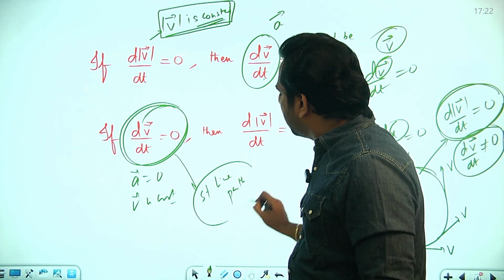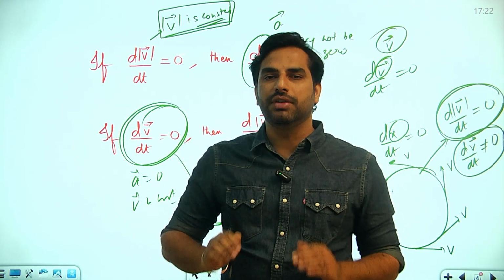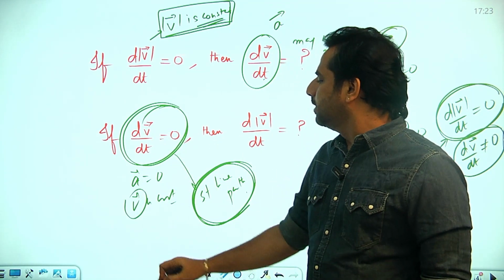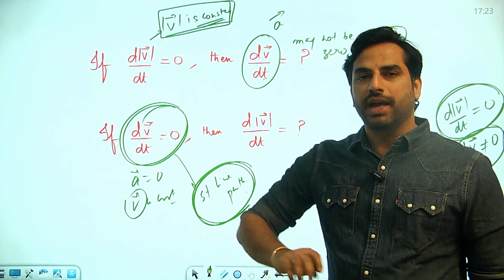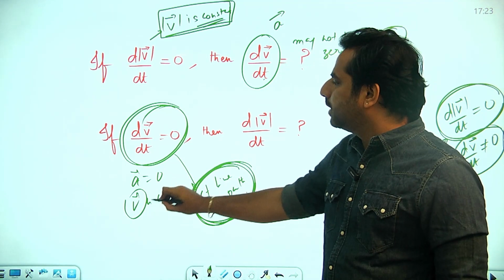The information that the particle is executing a straight line path is stored in this mathematical form, dv bar by dt is 0, because velocity is not changing. The vector itself is constant, magnitude and direction both are constant, so it moves in a straight line path with constant magnitude.